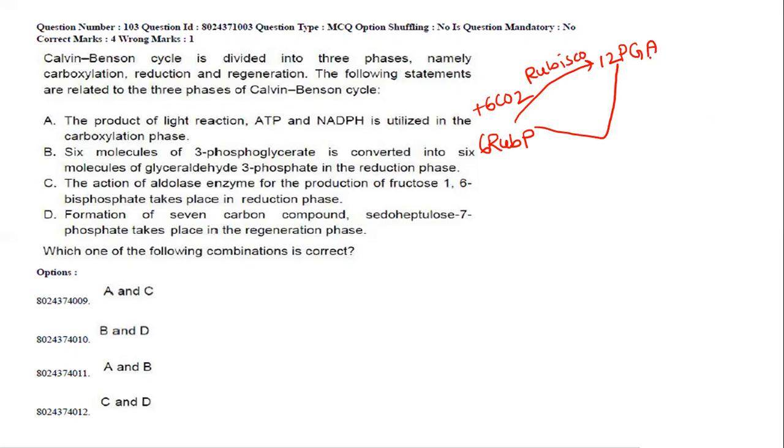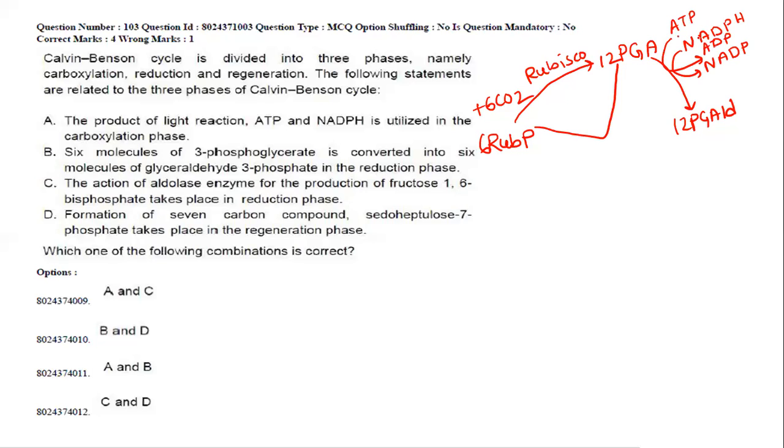Now from PGA it will synthesize 12 PGAL, phosphoglyceraldehyde. Here there is a use of NADPH to NADP, and ATP to ADP occurs.